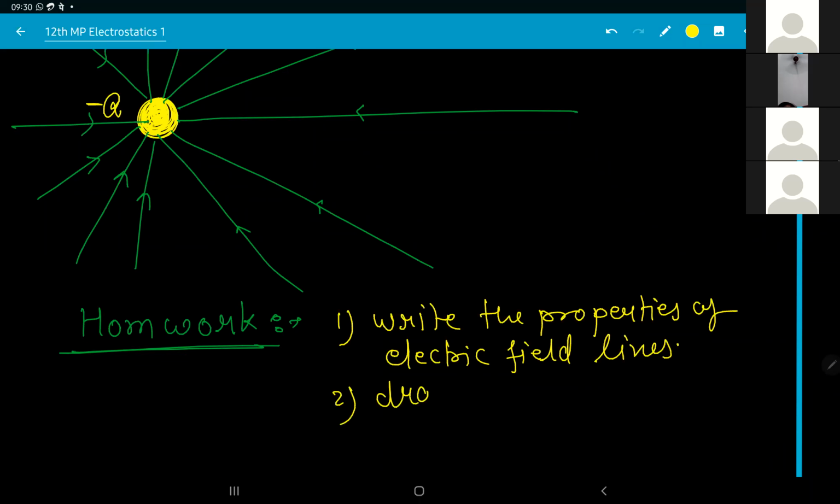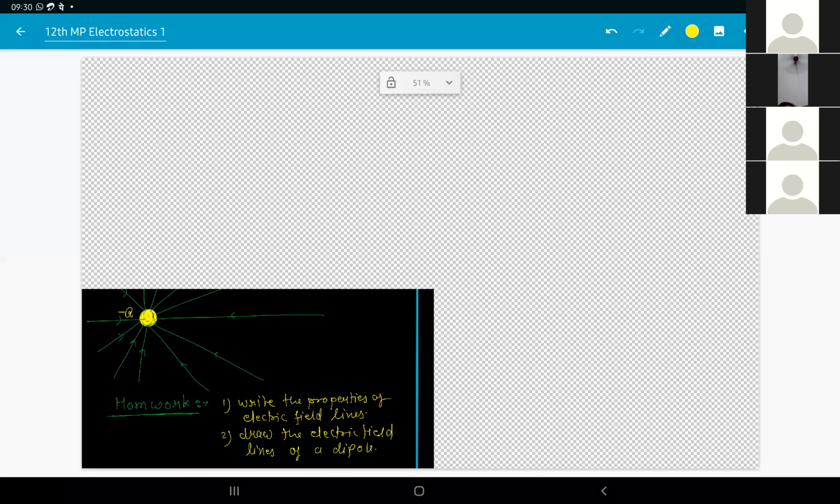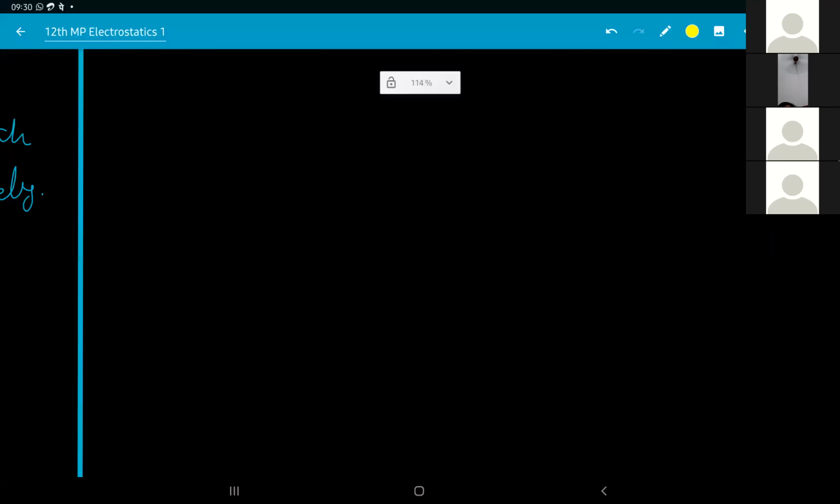Second, draw the electric field lines of a dipole. So this you have to do. And if you are unable to solve these questions, I'll tell you how to solve, what the properties are, and how to draw the electric field lines. But try at least once. At least once you must try this. If you do not try, then you will not get the concept. What is the concept behind it?